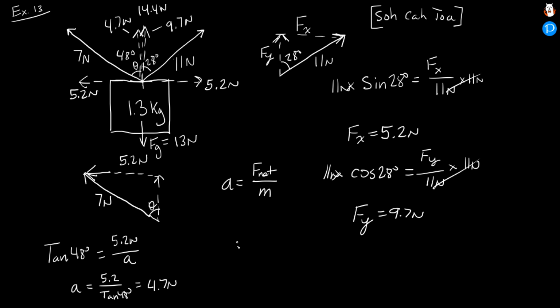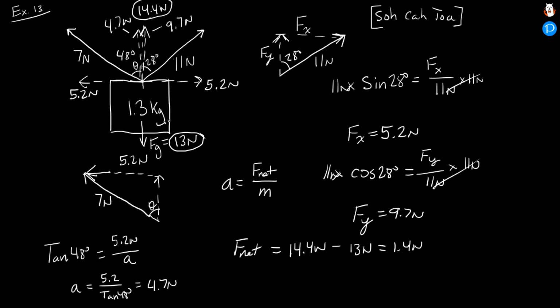So my net force in the vertical direction is 14.4 newtons minus this 13 newtons, because they're acting in opposite directions. 14.4 minus 13, and we should get 1.4.